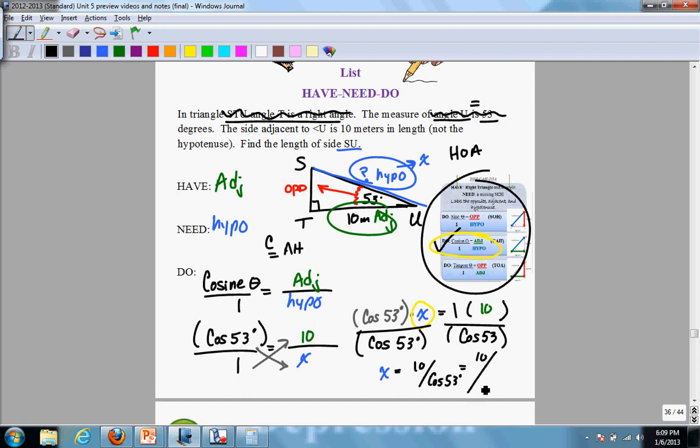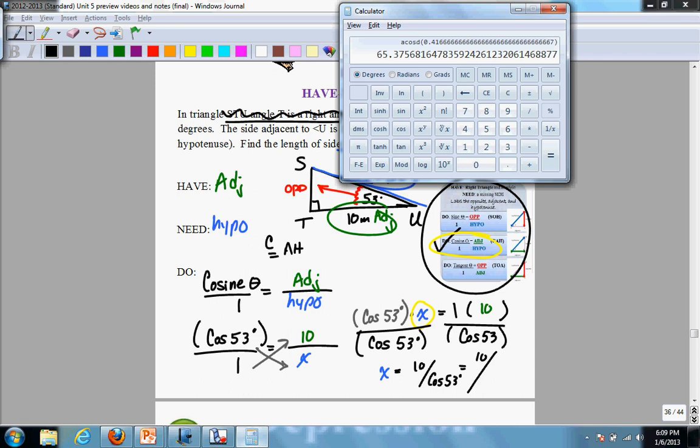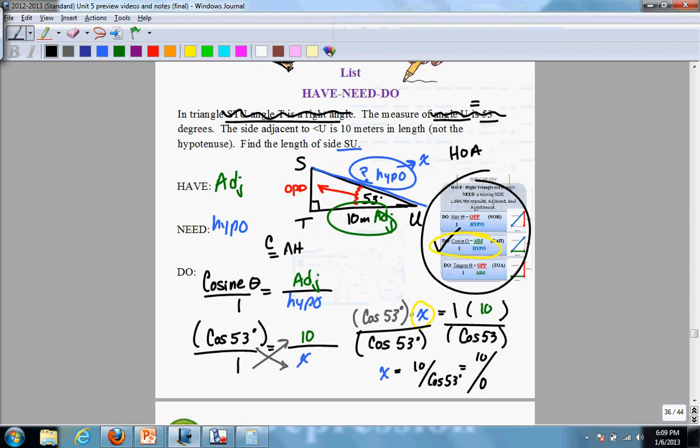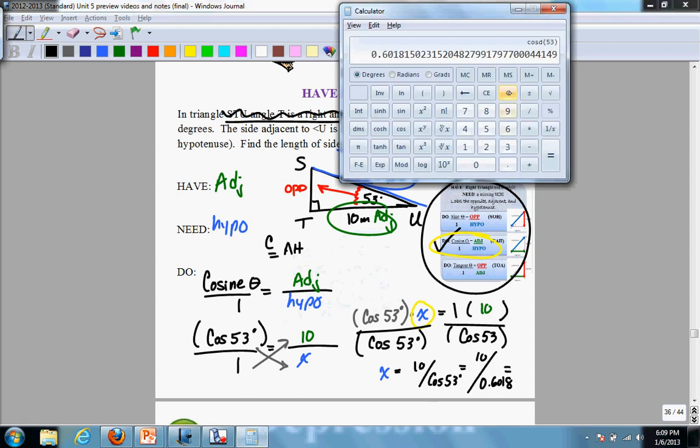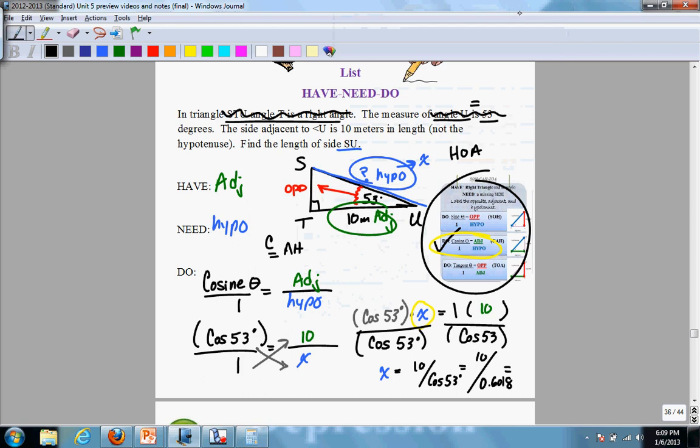Let's find the cosine of 53. That's 0.6018. So I'm going to go 10 divided by that. So 10 divided by 0.6018, and I get 16.6. So our hypo here is going to be 16.6.